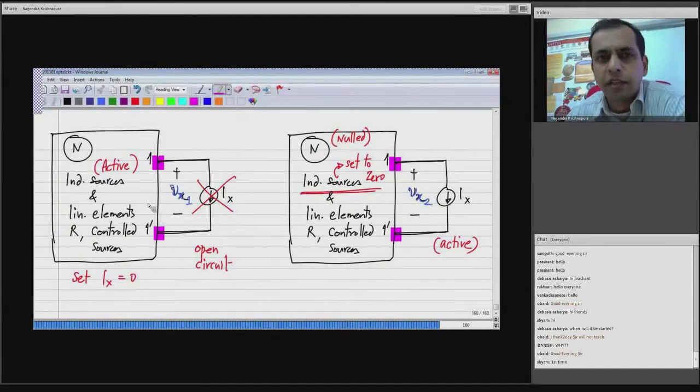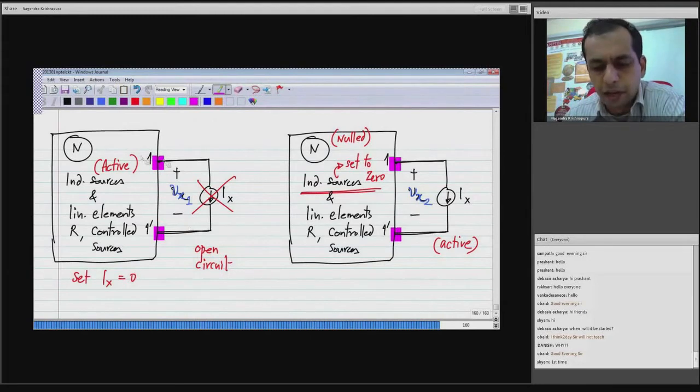I have a number of independent sources inside, and I also have this independent current source Ix, which could be a current source or a substitution for some other load. First I will deactivate the current source, that is, set Ix equal to 0 and analyze this circuit; at these terminals 1, 1 prime, I will find the voltage Vx1.